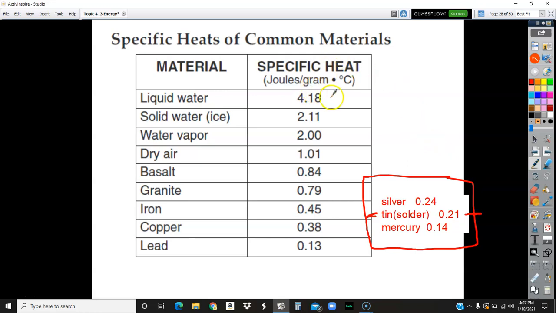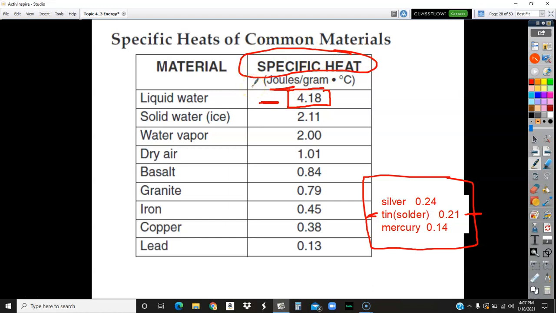The rule of thumb when it comes to specific heat: notice liquid water has a very high number, 4 point something. Again, these are listed from the lowest going up to the highest. What does that mean? Because liquid water needs over 4 joules for every gram, that's a very high specific heat number.